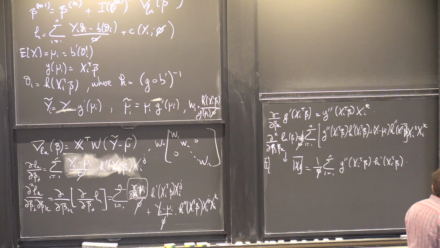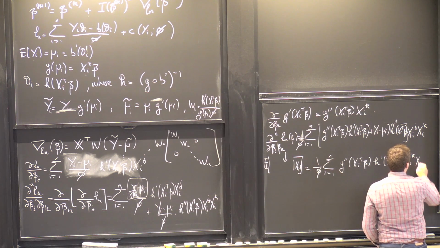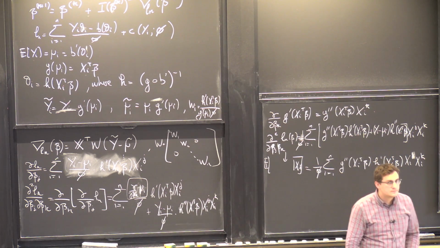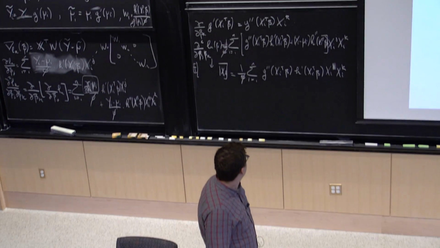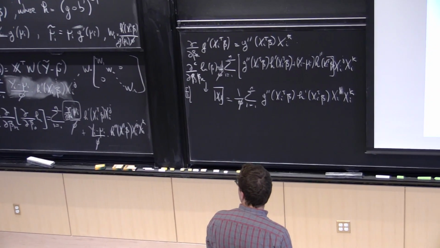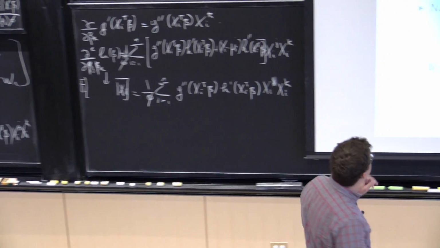So now I have x_ij, x_ik. So now I want to go to something that's slightly more convenient for me. So maybe we can skip that part here because this is not going to be convenient for me anyway.